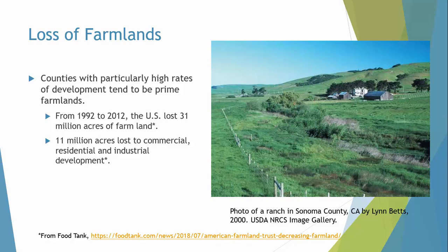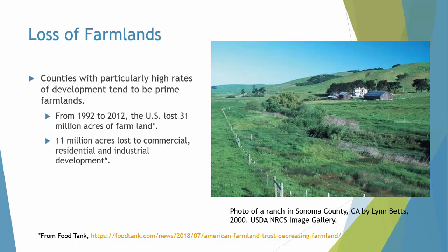And then just to talk about where we are expanding into. Counties that have particularly high rates of development tend to be prime farmlands. So we're losing our prime farmlands to development. From 1992 to 2012, we lost 31 million acres of farmland to development.